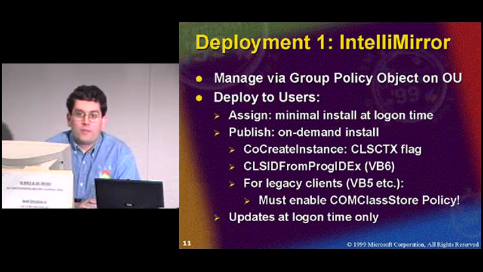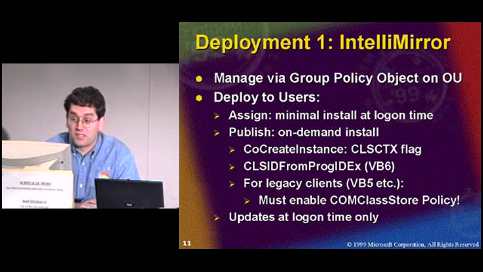So there are different mechanisms to deploy these applications. The first is that these can be deployed to user accounts. I know there's a certain group of users in my organization that need to have access to this application, so I will assign this application to them, and there are two mechanisms that the IntelliMirror feature offers. One is what is called the assign mechanism.